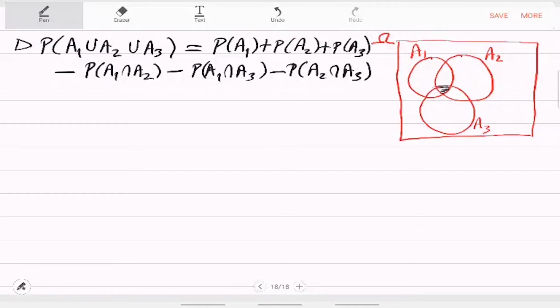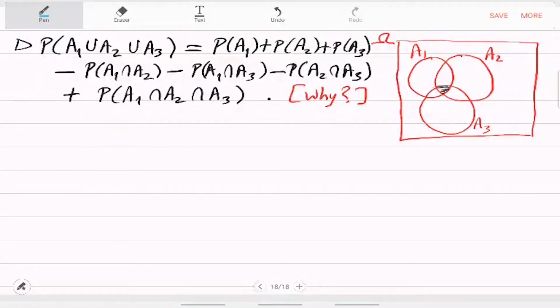Otherwise, what we have done is, an element omega that is in all 3 has been removed from the calculation, because it is counted 3 times, then it is subtracted 3 times. So, we have to add it back. And this is now correct. So, show this as an exercise.